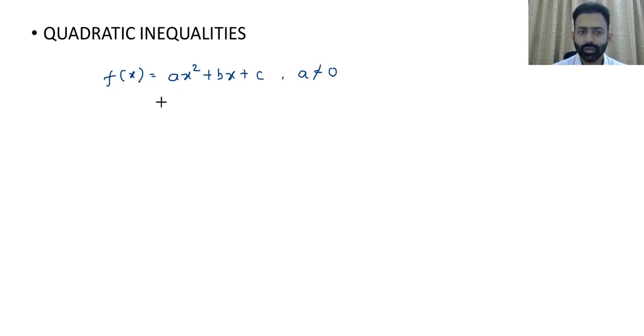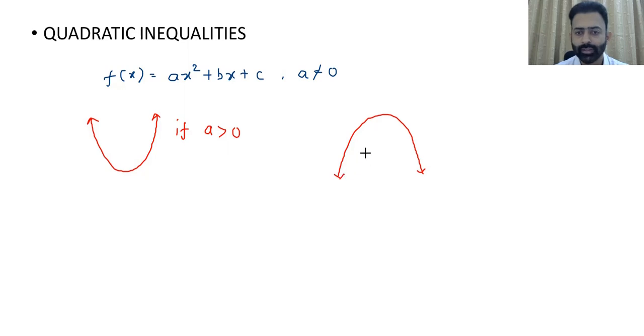Now, if this is a quadratic function, there are two types of graphs that a quadratic equation results in. One is a U-shaped curve. This is for a greater than 0. And it can be an inverted U-shaped curve. This is the case where a is less than 0.